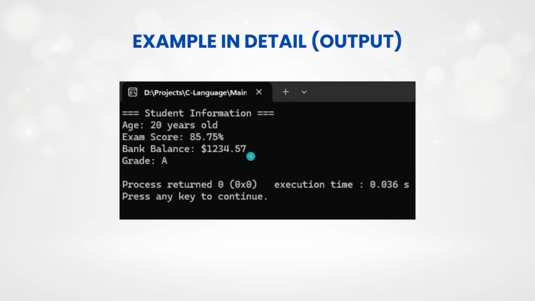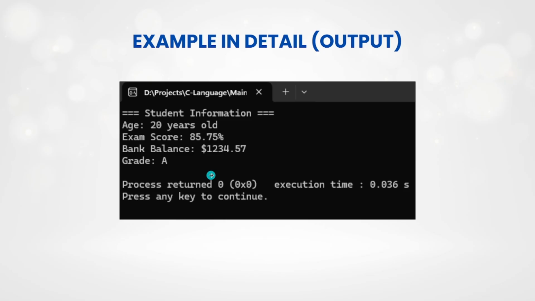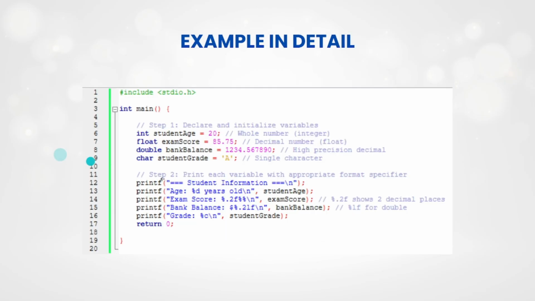You can see it's only 57. It just rounds off because you only place .2 for the bank balance. So 7890 is not included. 7 is a high number, so it will round off, and it will display 57 in the console. Grade A. You can see here the value of student grade is A.